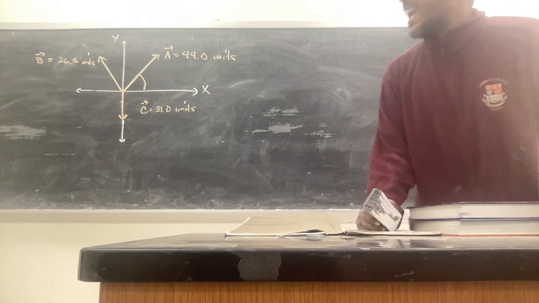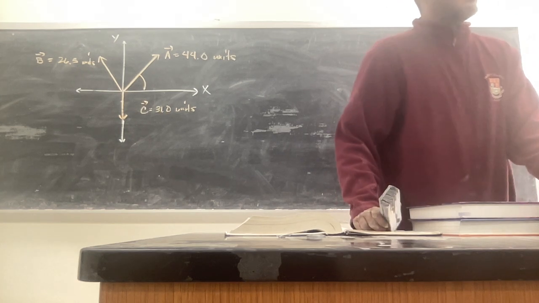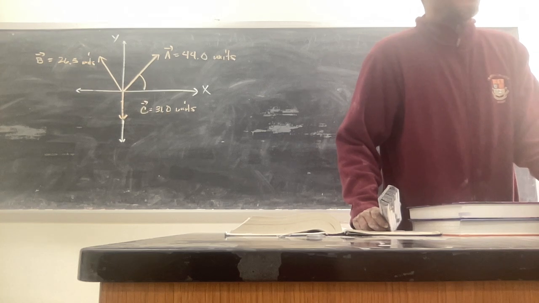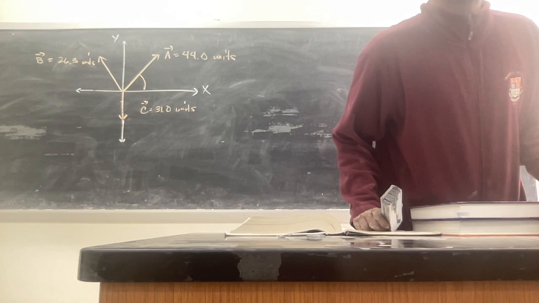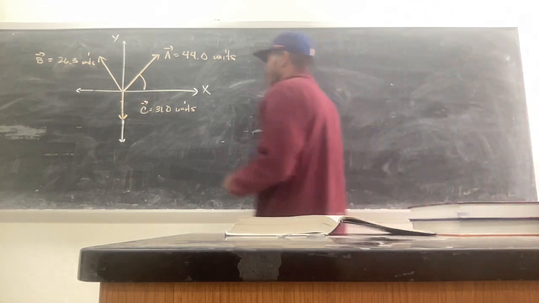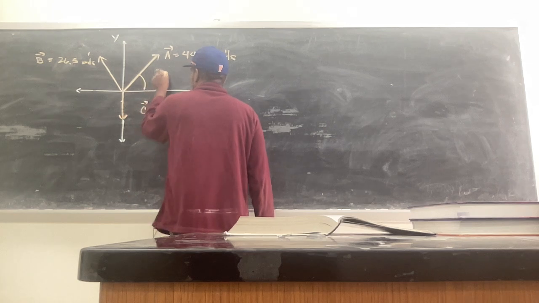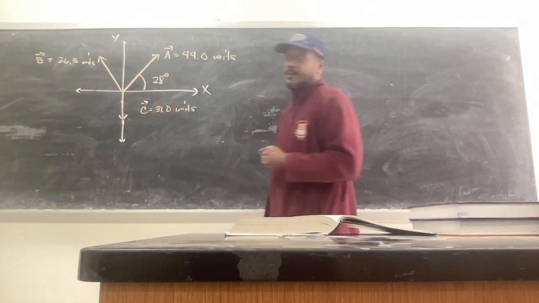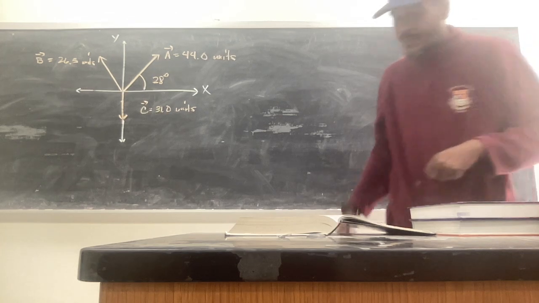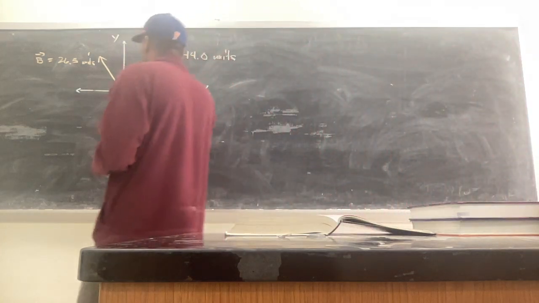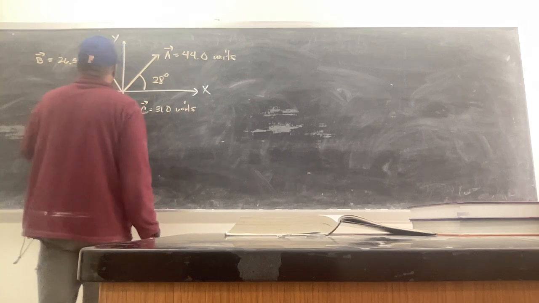The vector A points in the direction which is 28 degrees with respect to the positive x-axis. Everybody following what I said? Okay. This is 28 degrees.